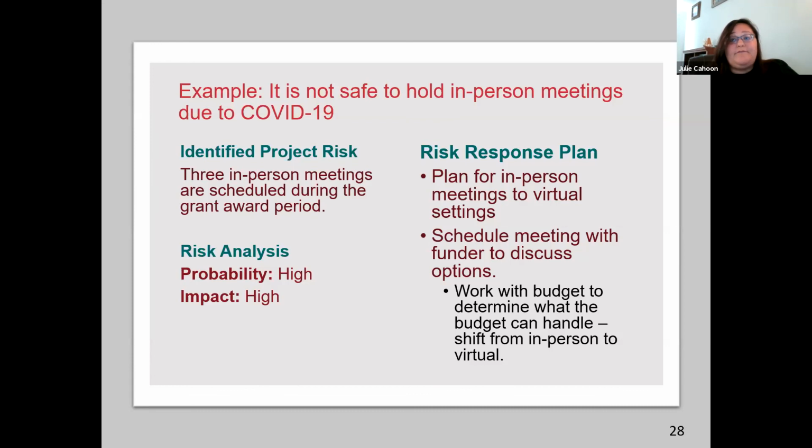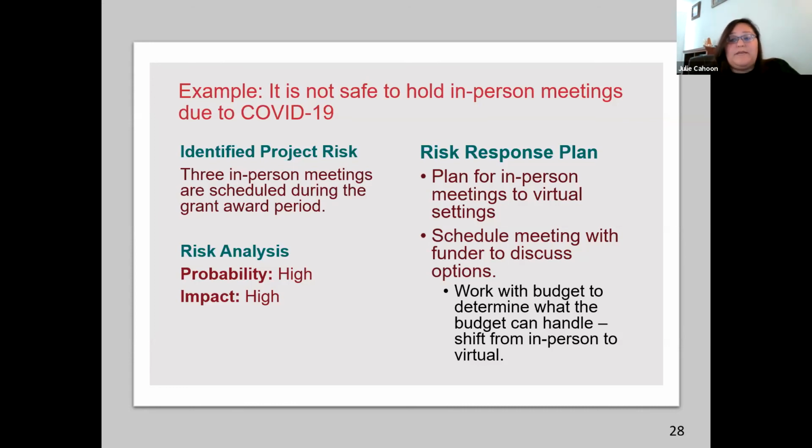You can plan for in-person meetings to shift to virtual settings. That's one way to continue to have outreach of some kind with your target population. Virtual is a very good alternative. And then you'll want to schedule meetings with the funder to discuss options. This will have an impact on your budget and your staff, so it'll be important to engage with your funder right away.